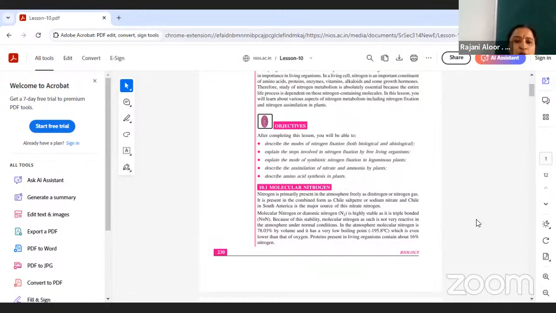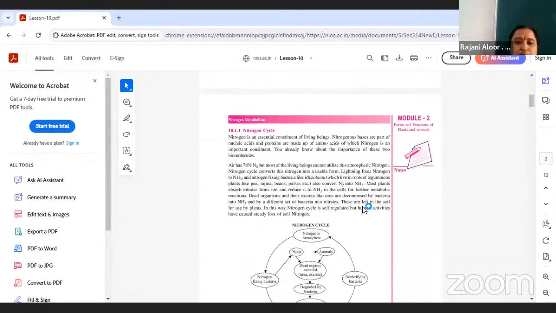What is the boiling point here? You can observe minus 195.8 degrees centigrade, which is even lower than that of oxygen. Proteins present in living organisms contain about 16% nitrogen.